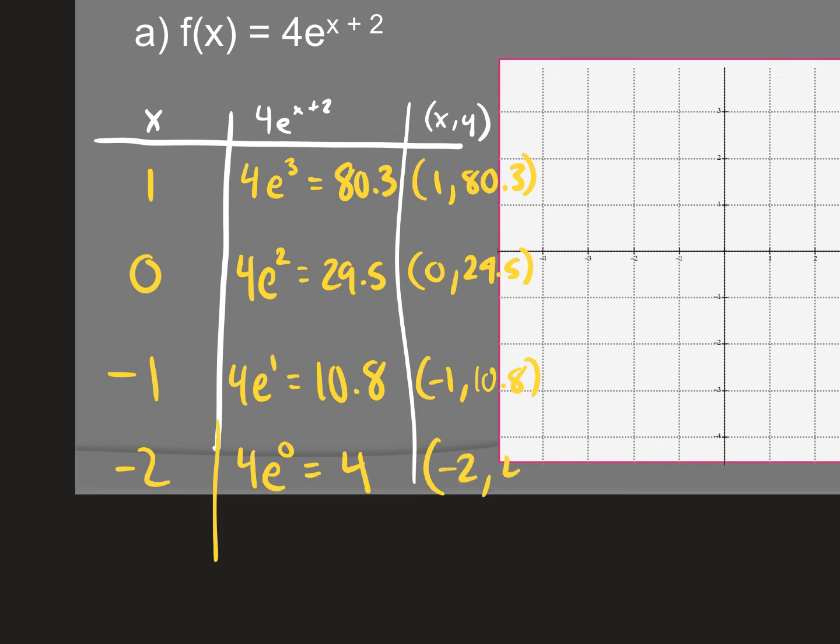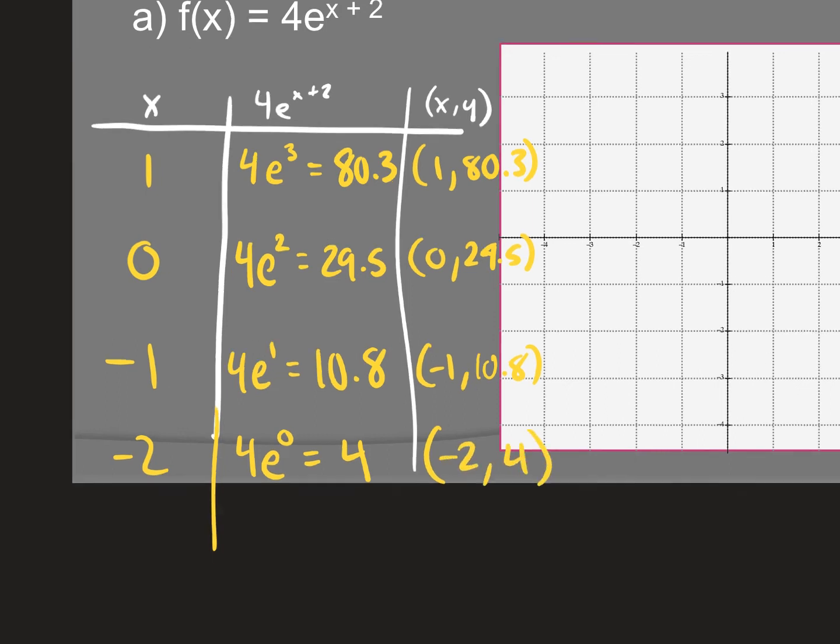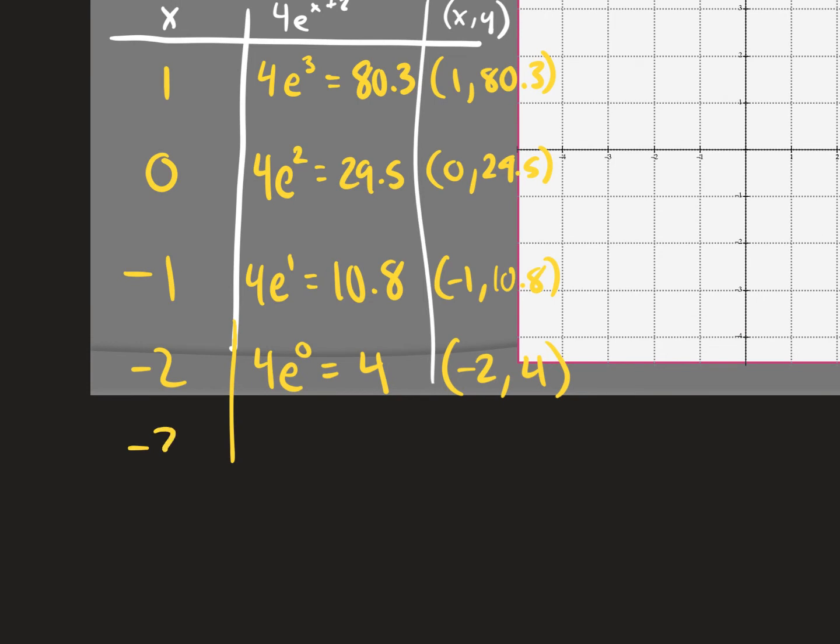I plugged in -2 and got 4. And then let's just plug in one more, say -3. So I have 4 times e to the power of -1, which would be 1.47. So I plugged in -3 and got 1.4.